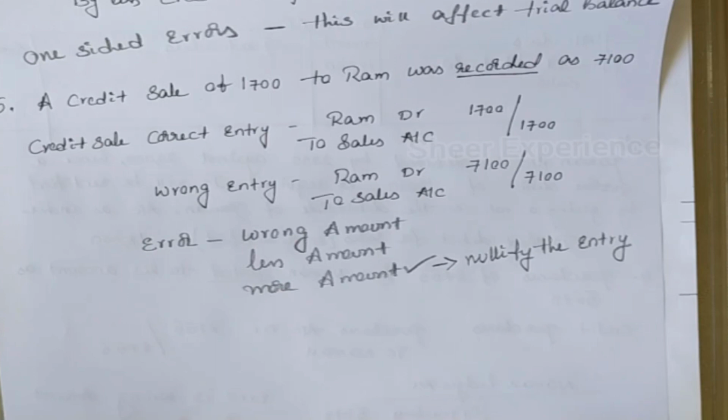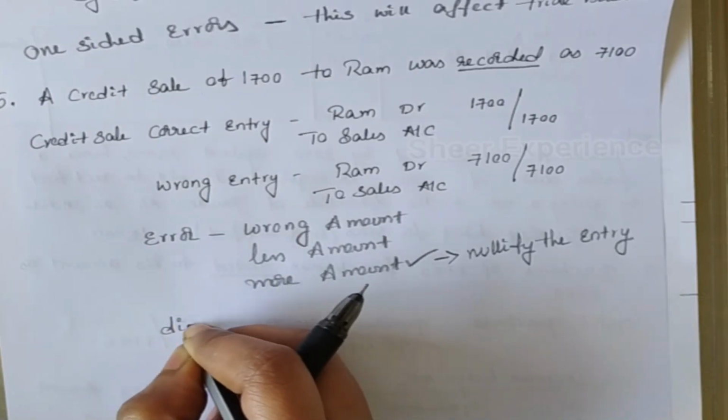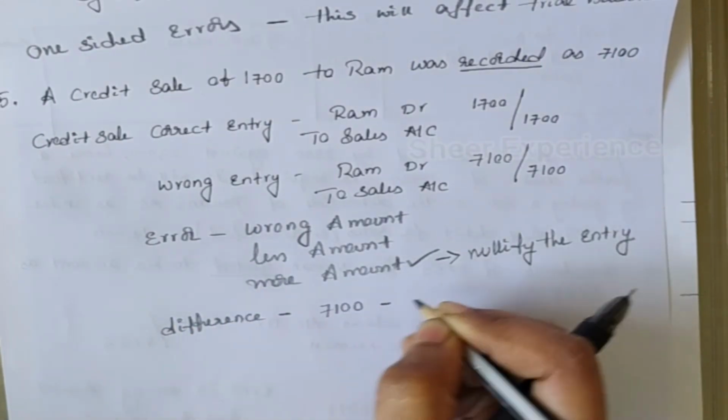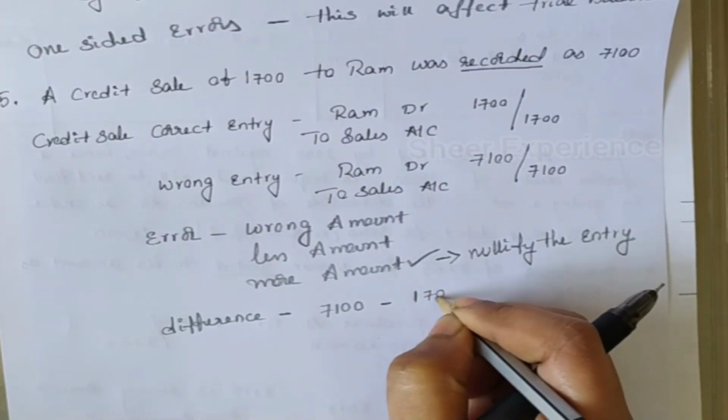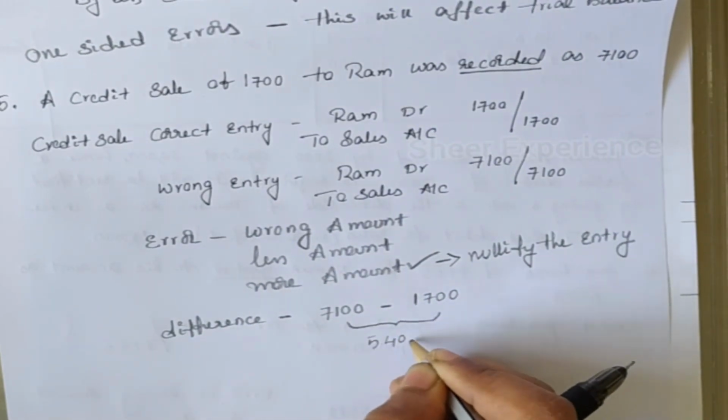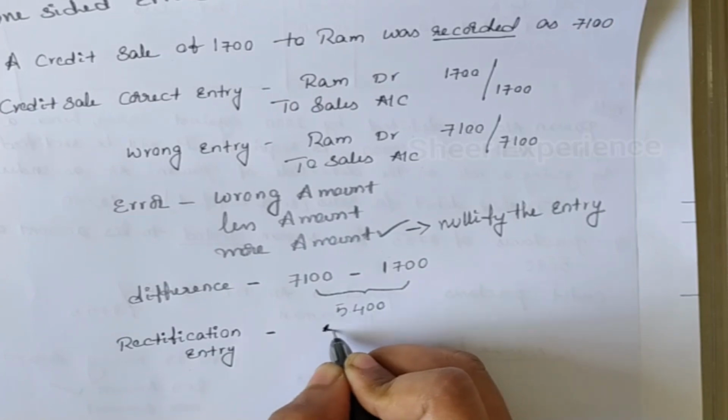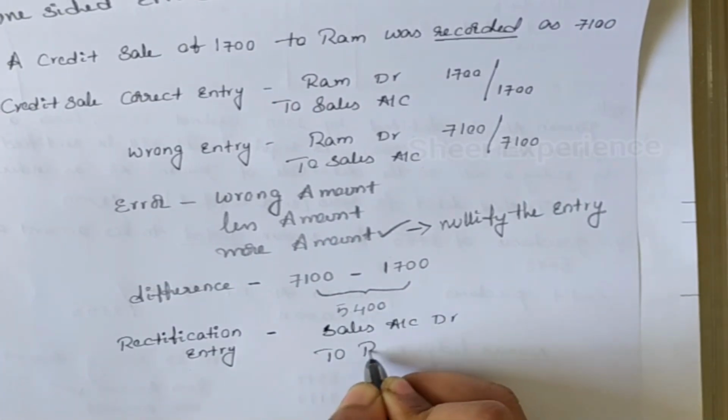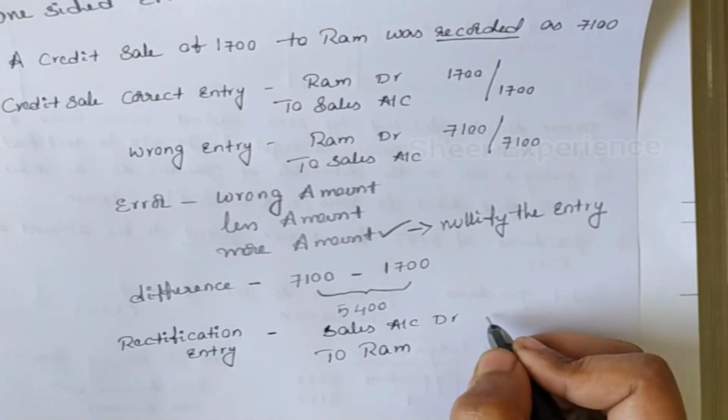In this error, we have recorded wrong amount on both debit and credit sides. To rectify this error, we need to take the difference amount and mention the difference amount on the credit side and debit side. Here the difference amount is 7,100 minus 1,700, which comes to 5,400. The rectification entry is sales account debtor to Ram account.